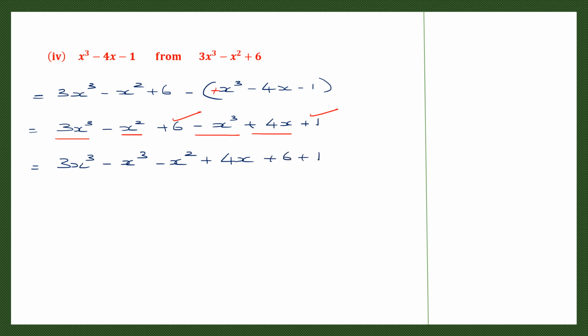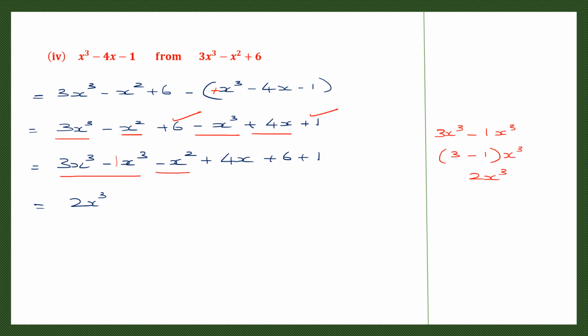Now let's work on all these like terms. Now here we have 3x cubed minus x cubed. That is 1. Okay. So that is 3x cubed minus 1x cubed. If you take the numbers, 3 minus 1, x cubed. 3 minus 1 is 2. So that's 2x cubed. Now go to the next one.